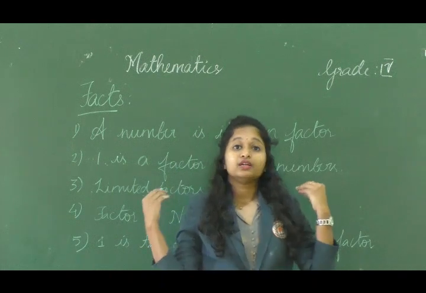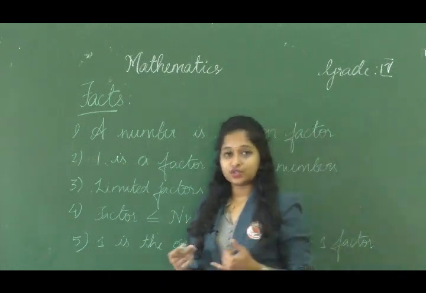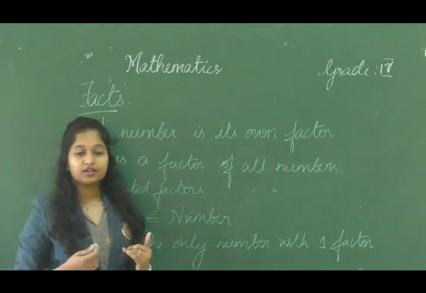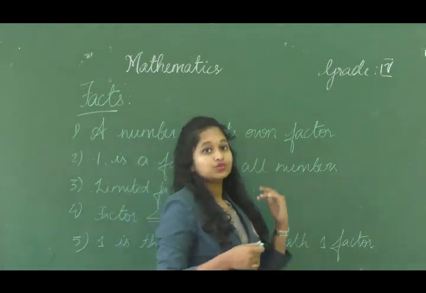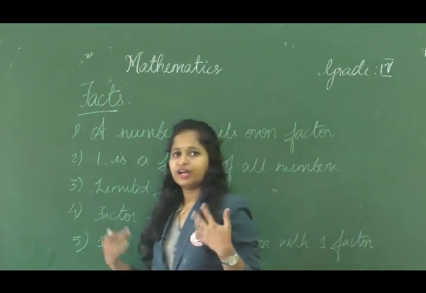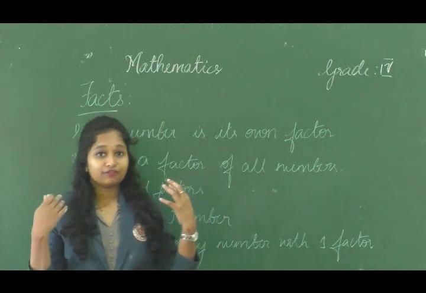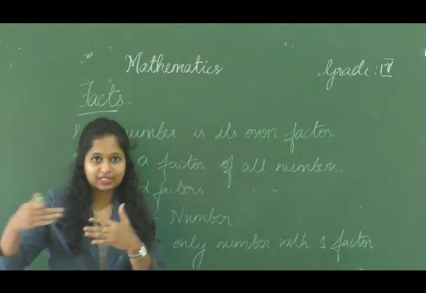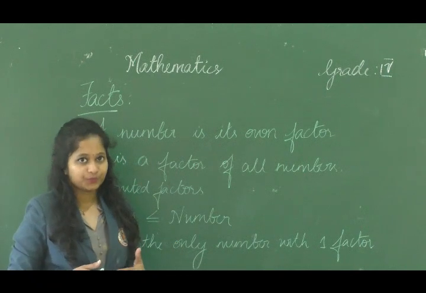So by that arrangement we understood that the factors of 6 are 1, 2, 3 and 6. Okay. Similarly for other numbers also we can find the factors. We'll see it later in the video.